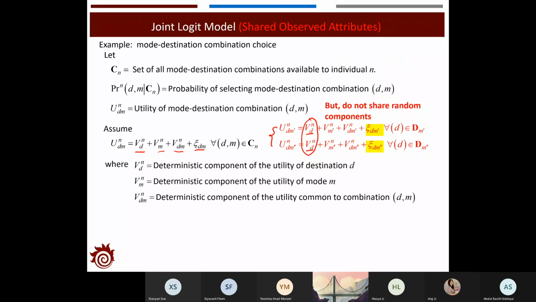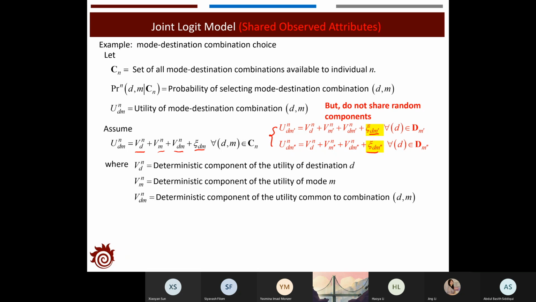For the random term, they are actually different from each other. The first one is epsilon dm prime. The second one is epsilon dm double prime. So those are two different random components, and in this case, we say that these two combinations do not share the random components.